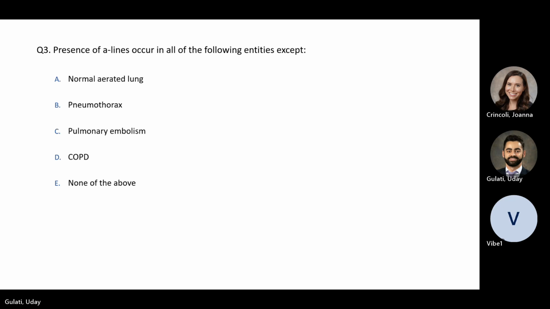A lines occur in all the following except what? So what's the answer here?